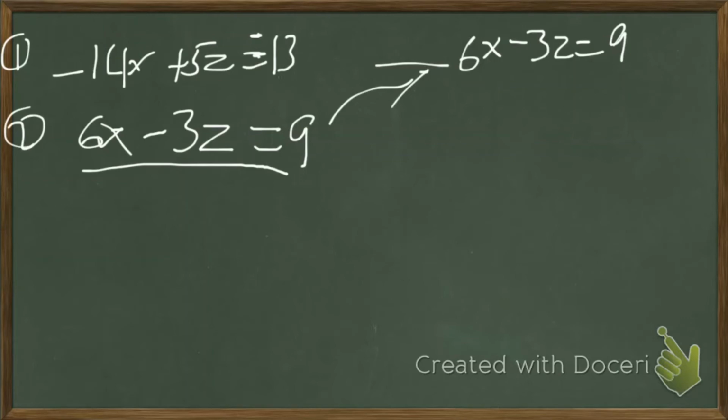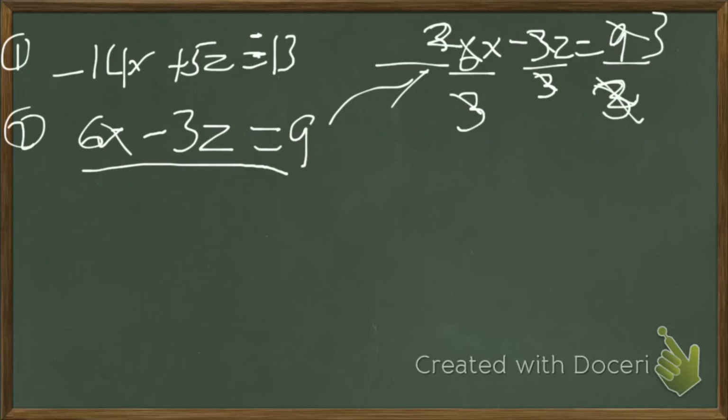I can divide everything by 3. That becomes 2x minus z equals 3.